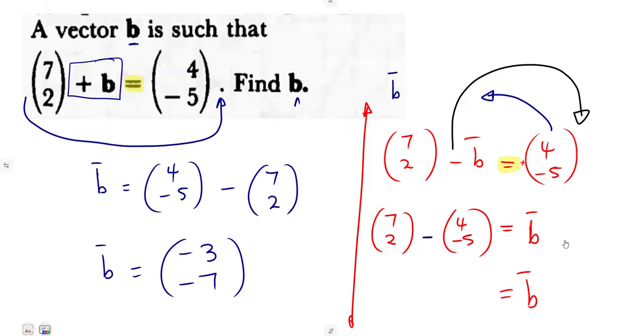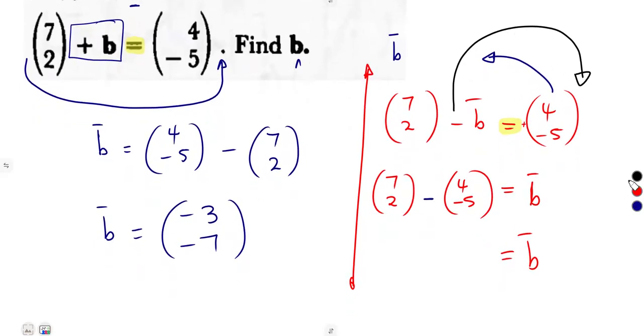Simplifying the left-hand side by evaluating what we are seeing. 7 minus what? Minus 4. Corresponding elements. 7 minus 4, that's what? A 3. 2 minus minus 5. This is what we have. 2 minus minus 5. A negative, negative, a positive. 2 plus 5, that's a 7.